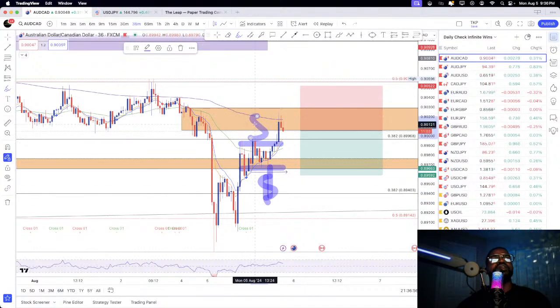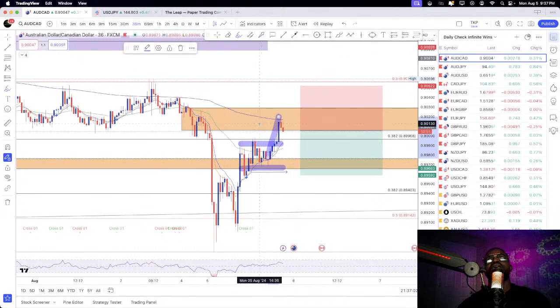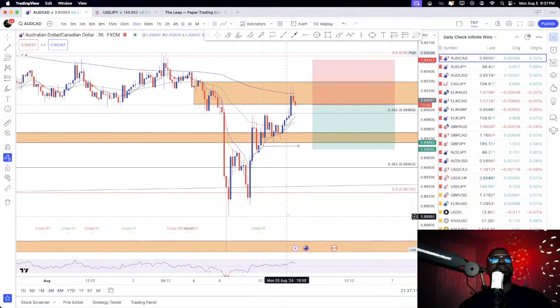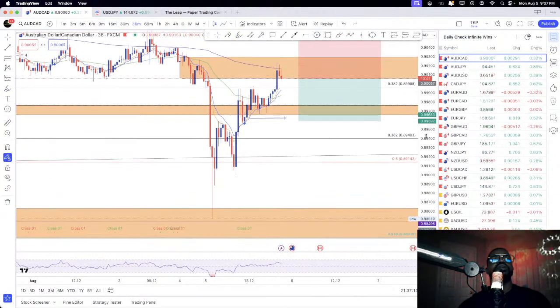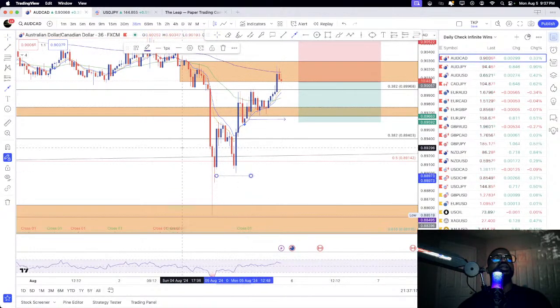Right above it, there's money as well. So this sharp move to the upside could quite possibly be a liquidity grab, just to grab that money above before we go back to retest these lows. We also got liquidity underneath this area.